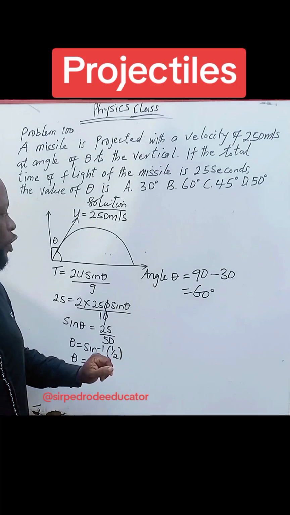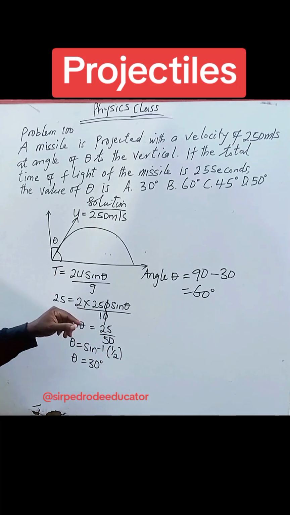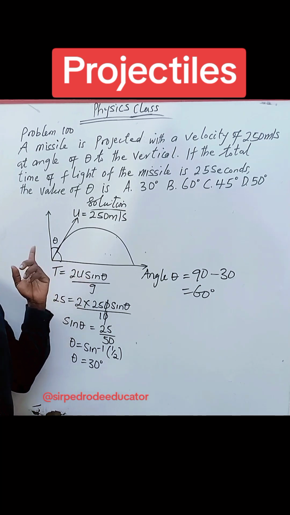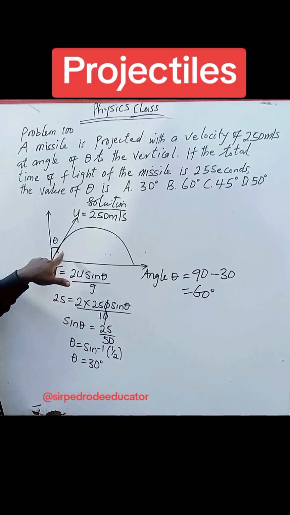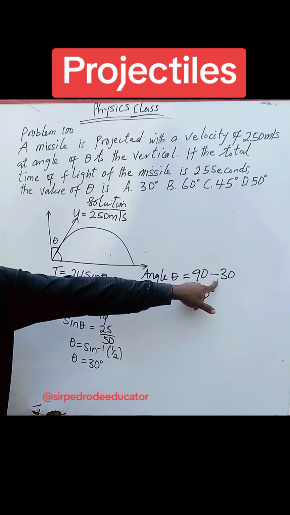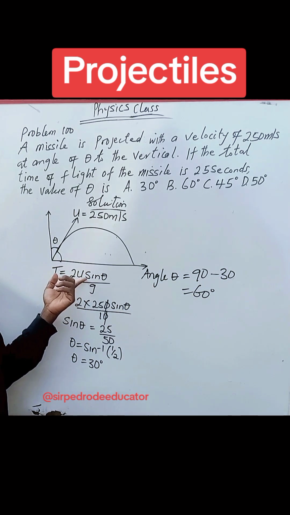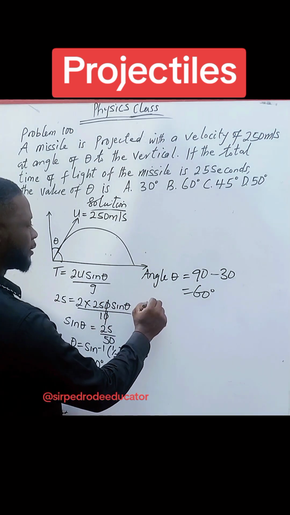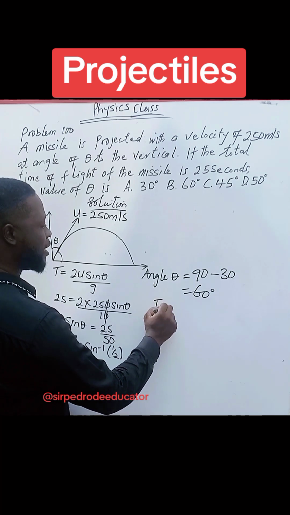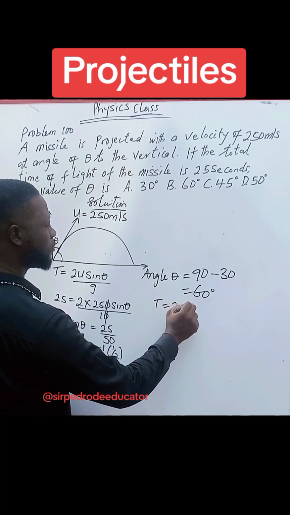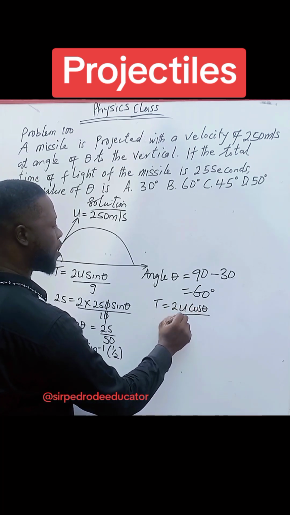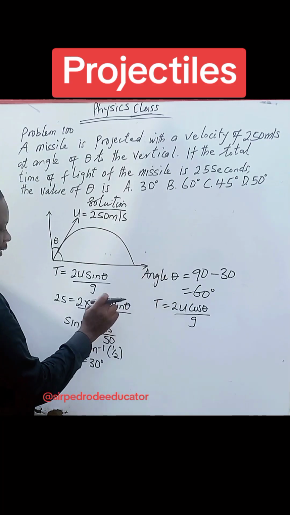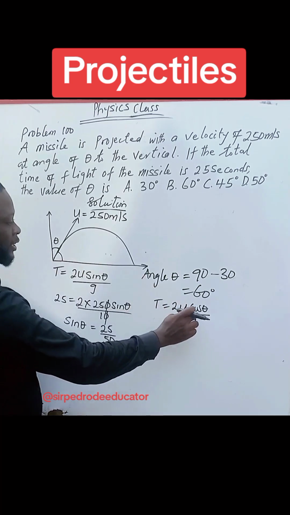And if you don't want to go this way, you can simply change this sine theta to cos theta, because 90 minus this will give us cos. So time of flight equals 2u cos theta all over g, because you are dealing with the horizontal: to the vertical is sine, to the horizontal is cos theta.